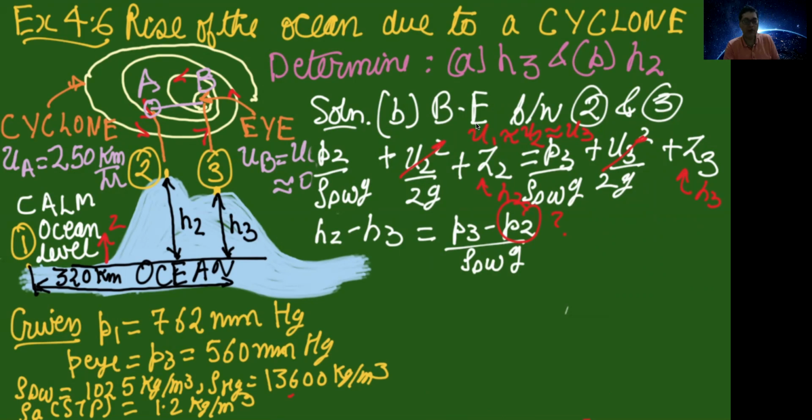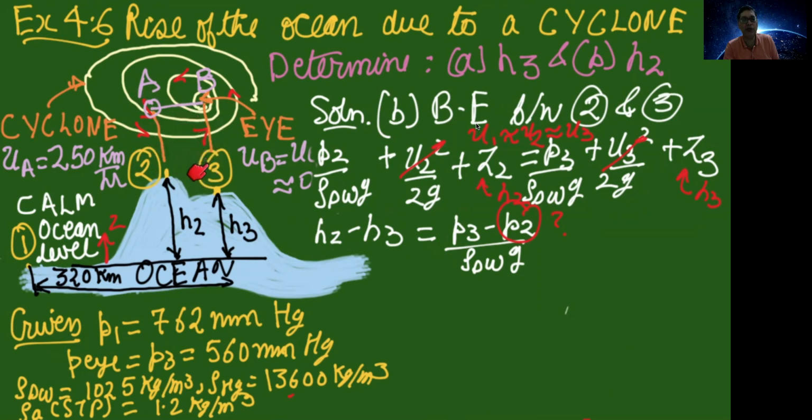But we are given P1 and P3, and we are not given P2, so we don't know P2. So what we do is apply Bernoulli's equation. If you draw a vertical line from here, which corresponds to the eye, it comes to a point where you have the maximum velocity of the cyclone. If you join these two by a straight line, we will apply Bernoulli's equation and obtain the pressure here, and we are assuming that the pressure here equals the pressure here.